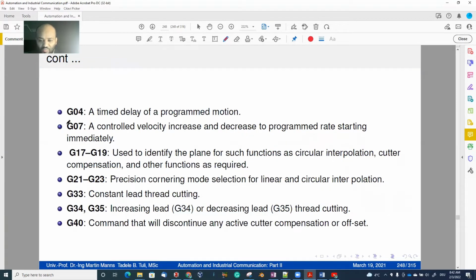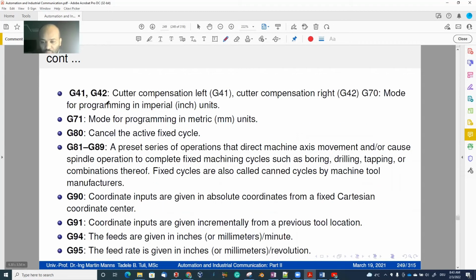Then the other thing that you have to know is if you have to do precise cornering, and the other is G41 to G42 cutter compensation. And the other code that you have to know is whether you have to use incremental or absolute positioning.